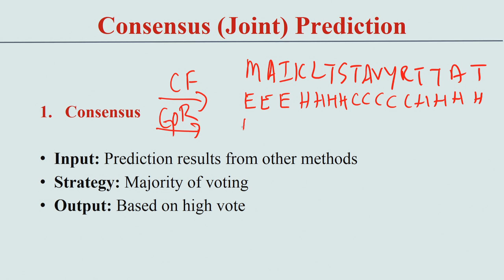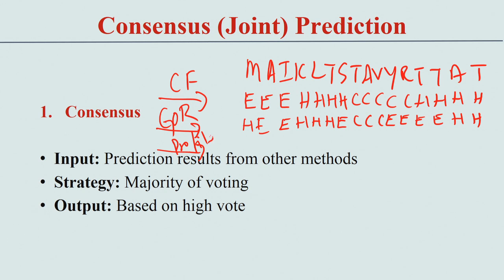For example, it will give you like this. Then we use a profile and multiple sequence alignment, and we use the neural network, and we get the values.